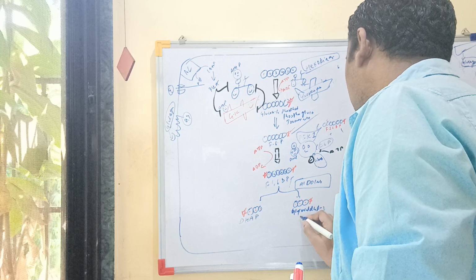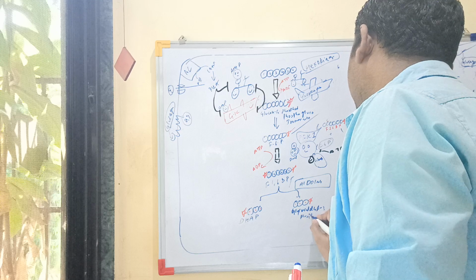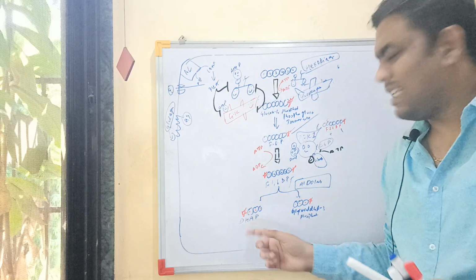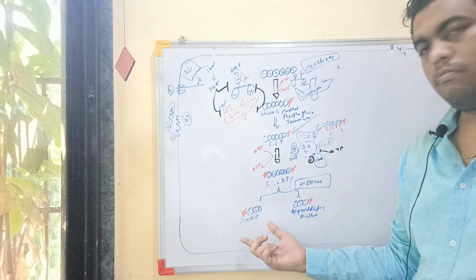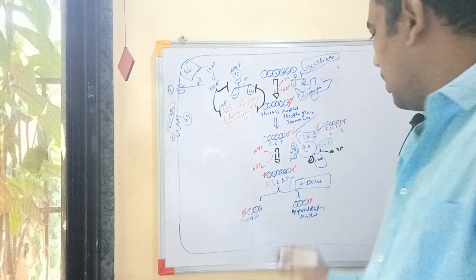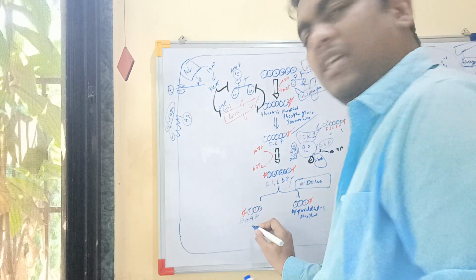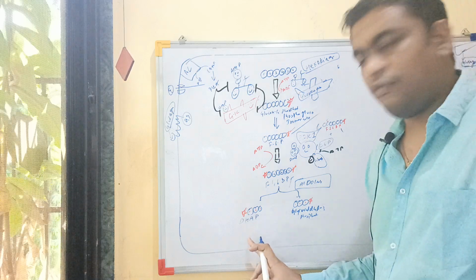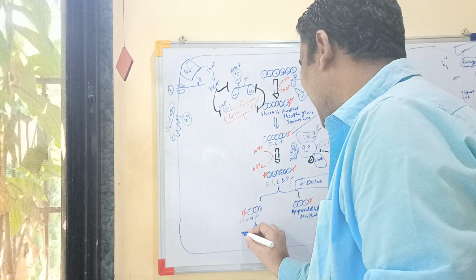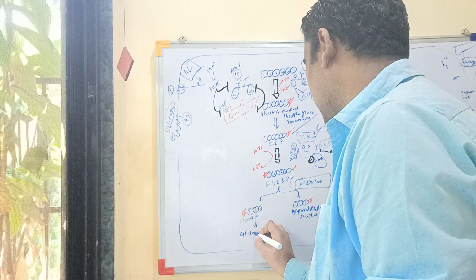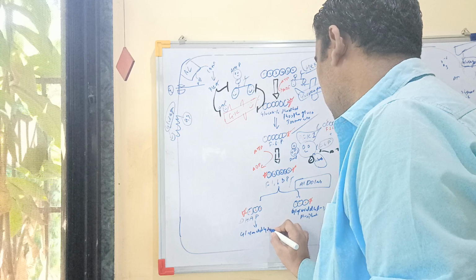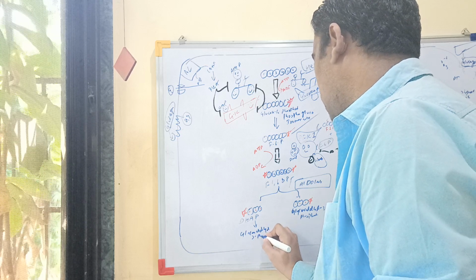Glyceraldehyde 3-phosphate. Generally this DHAP doesn't have any active metabolic role in any pathway, so this DHAP or dihydroxyacetone phosphate will be converted back to glyceraldehyde 3-phosphate.